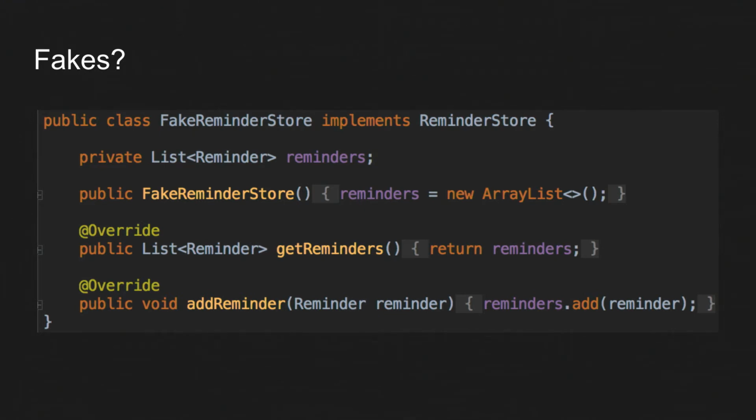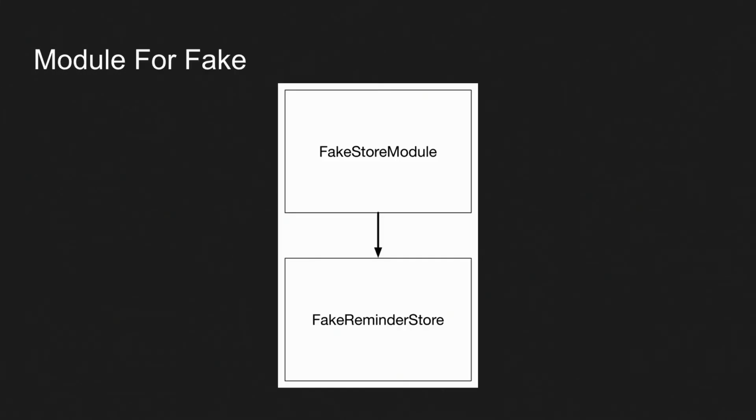So in integration tests, you typically don't want to supply a mock object, because if you start adding too many mock objects, you're not really testing your application, you're testing your assumptions about how the application works. So instead, I'll use a fake here. And a fake is a real object that actually does things and has side effects. It's just supposed to be a very pared down version of your object. So my fake reminder store, I'm just storing all of my stuff in memory as opposed to the database. So it's faster and it's easier for me to clean up afterwards.